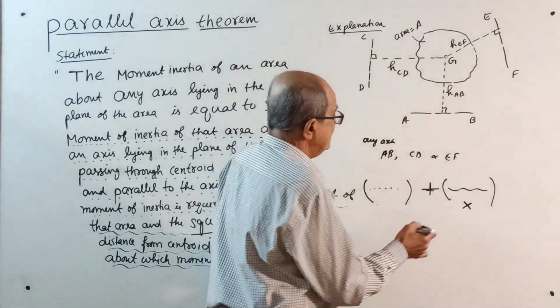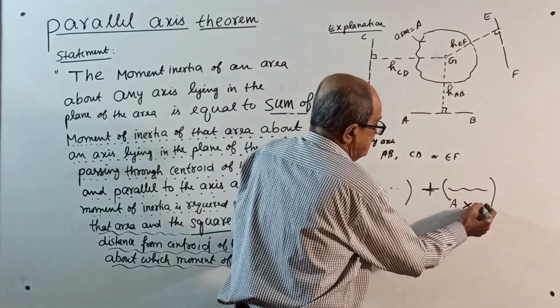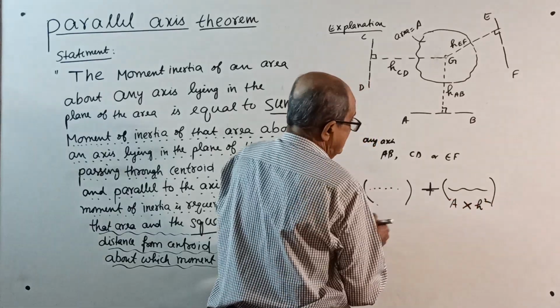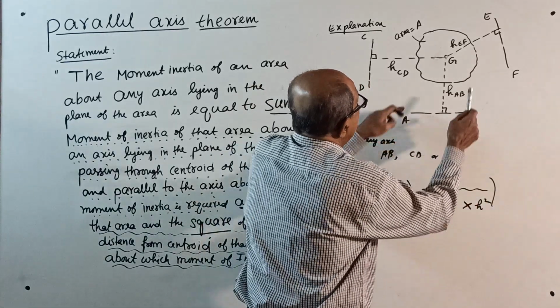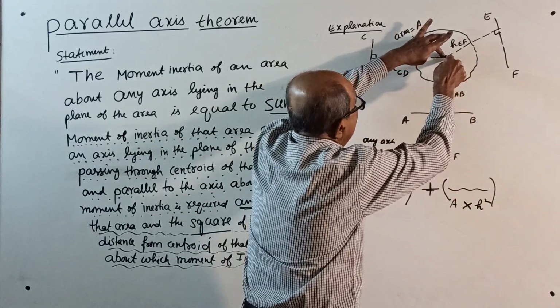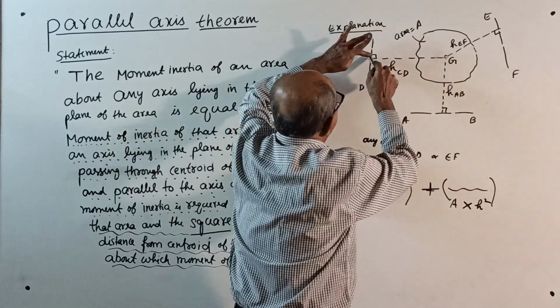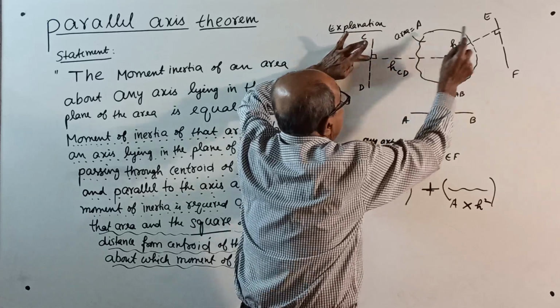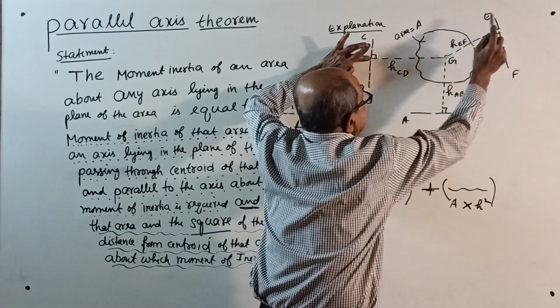Means the product of area and some perpendicular distance squared. If you want I about AB, the product of area and this distance squared. If you want about CD, this distance squared. If you want EF, it is this distance squared.